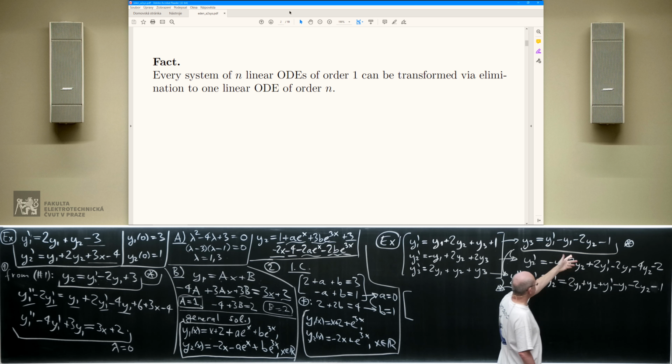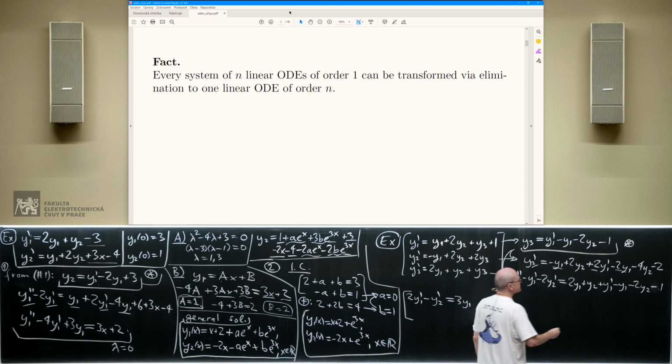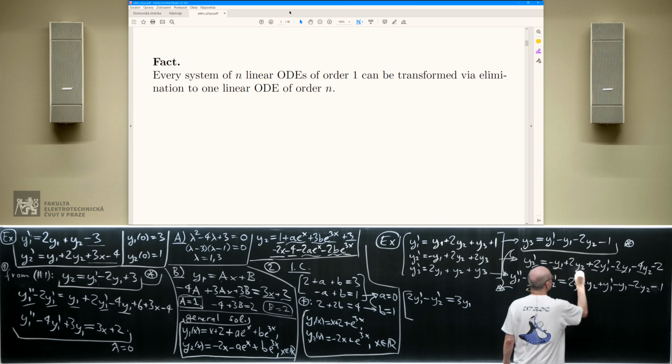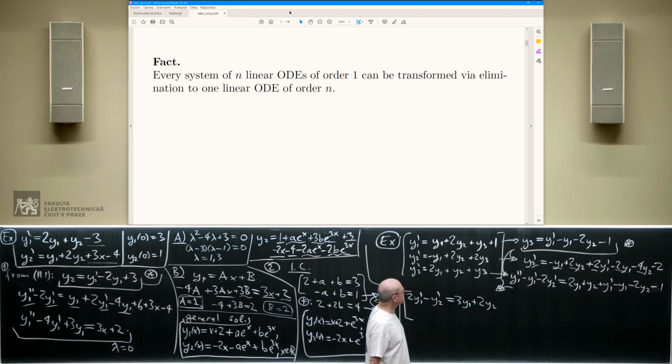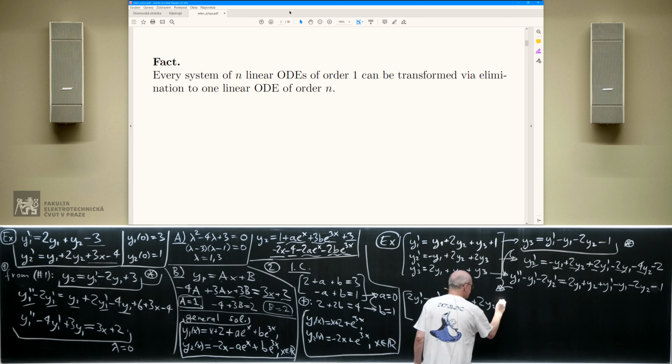Negative once, negative twice, so it's negative 3 times, and I'm changing sign, so it's 3y1. Let's hunt for y2s. Negative 4 plus 2 is negative 2, and I'm changing signs, plus 2y2. Is there anything else left? Yeah, I'm changing signs, plus 2. That's the first equation.